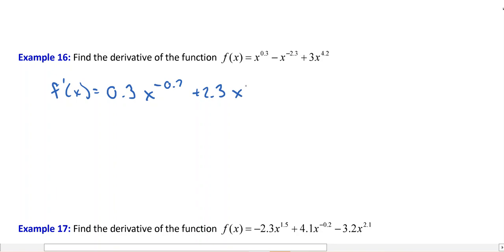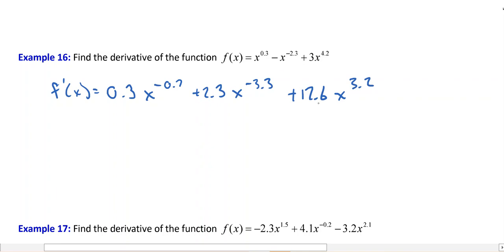And then finally, 4.2 times 3 is 12.6. And so we have 12.6 x, 4.2 minus 1 would be 3.2. And since this problem had negative exponents in it, I'll be fine leaving this with negative exponents.